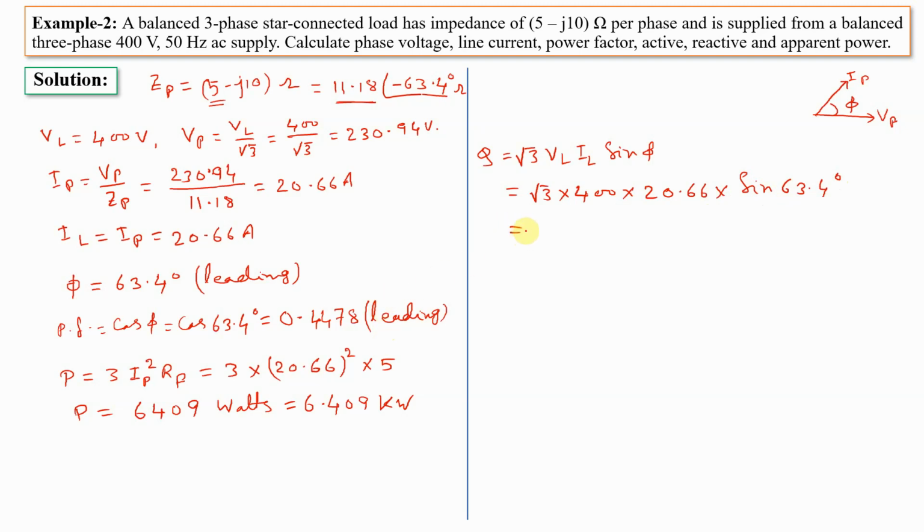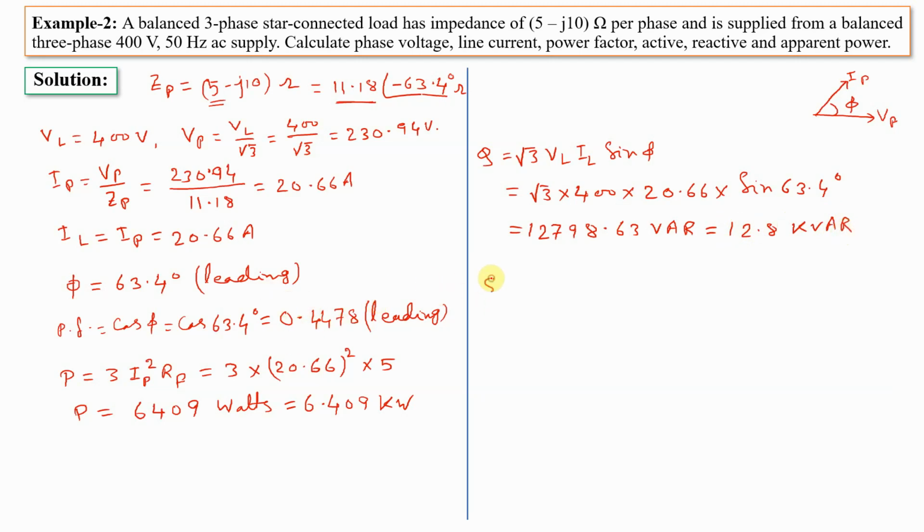And after calculation, the value here will be 12798.63 volt ampere reactive or var, and it can also be written as 12.8 kVAR.